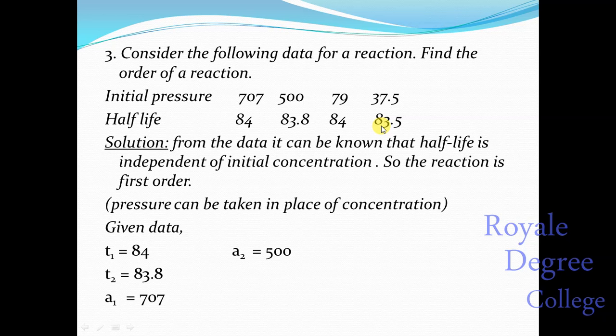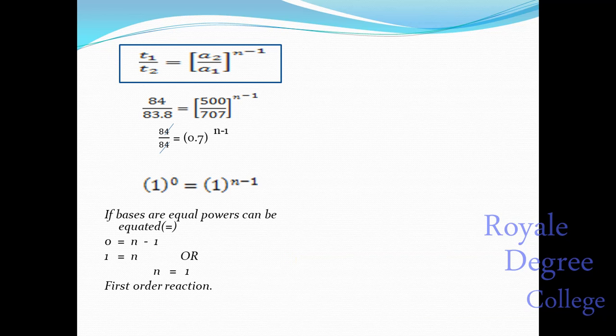Pressure can be taken in place of concentration. So the given data will be like this. T1 value is 84 and T2 value is 83.8. Then in place of concentration we are taking the pressure value: A1 is 707 and A2 is 500. Now we are using this formula, T1 by T2 equal to A2 by A1 to the power n minus 1.